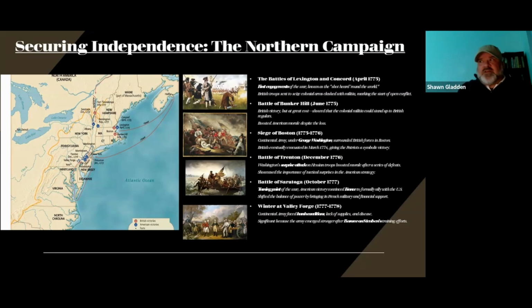Now, the Battle of Bunker Hill is interesting, and this is one of those historical controversies. It was fought on the Charlestown Peninsula near Boston, and technically it is a British victory, but it came at a great cost. The troops were under a kind of lackluster general by the name of General Howe.